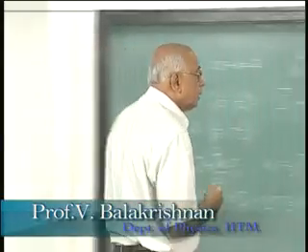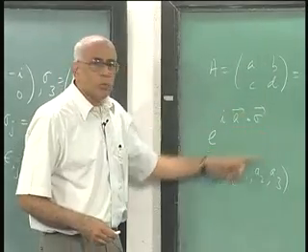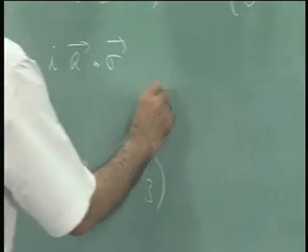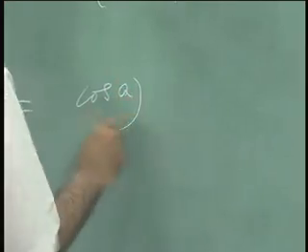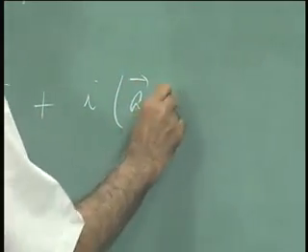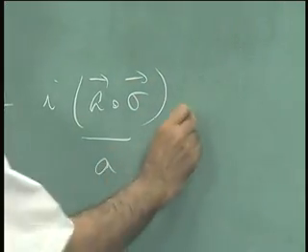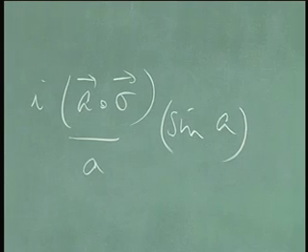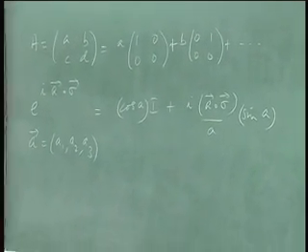So only the terms which are the squares of the sigma matrices would contribute when you exponentiate, and the result is also a 2 by 2 matrix, so it should also be expandable in terms of the unit matrix and the sigma matrices, and the expansion is cos a times the unit matrix plus I a dot sigma over a sine a, where a stands for the square root of a1 squared plus a2 squared plus a3 squared.